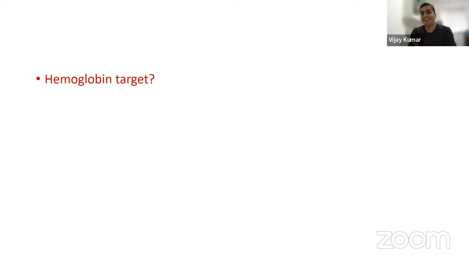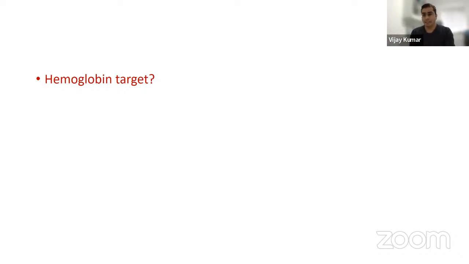What is your practice? Because some people say brain injury, so keep the hemoglobin higher. We want more delivery, so 10 is the target. Some people say 7. Some people say we don't know. So what is your practice, Dr. Vijay? One trial is going on in our center, the hemovolution trial. We have divided the patients into two arms. One we are keeping around 10, and the other is a little restrictive, up to 7.